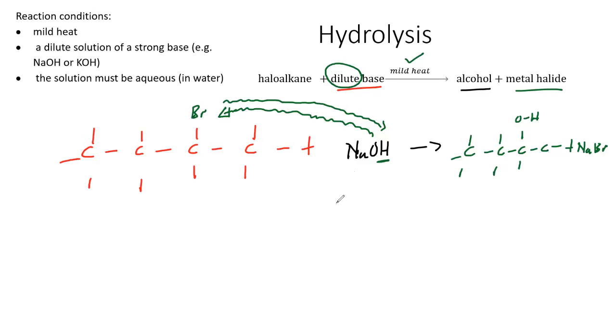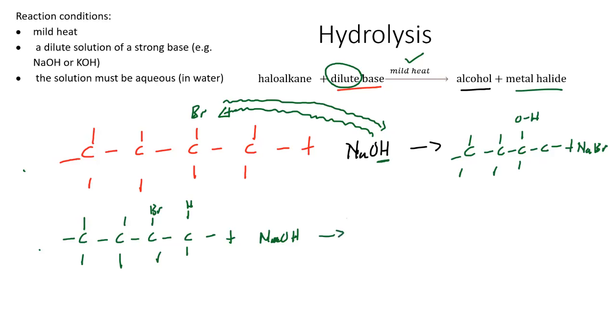Now, I say to you, this reaction is substitution, very similar to dehydrohalogenation. Let me go back to dehydrohalogenation as an example. Same thing, same thing. 1, 2, 3, 4, right? Br, and then H there, then that, and then that. There you go, there you go. And again, it's sodium hydroxide. But when I spoke about dehydrohalogenation, I made it clear that the sodium hydroxide must be strong and concentrated.